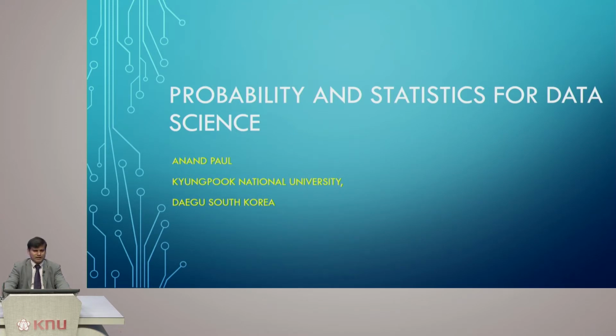So yes, the word probability, probable, as the word suggests, often we make decisions based on probability. For example, if you're going out, based on the weather condition, you are making some decisions. If the weather is too cold, you want to wear warm clothes.